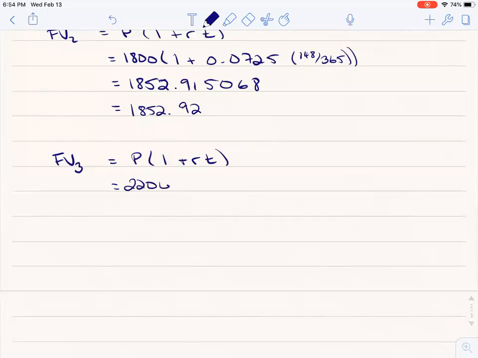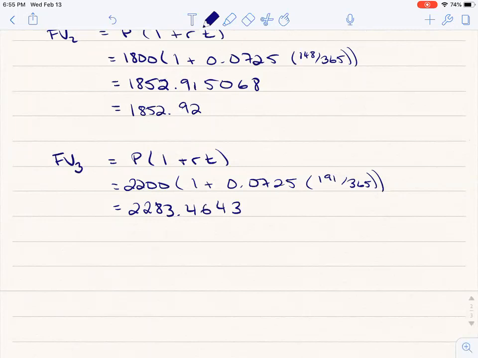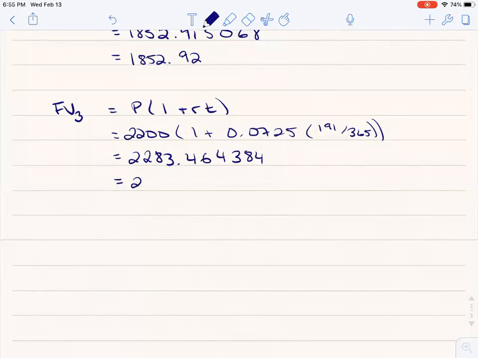So 2200 times 1 plus 0.0725, 191 over 365. 191 over 365 times 0.0725 plus 1 times 2,200 is 2,283.464384, which is 2283.46.